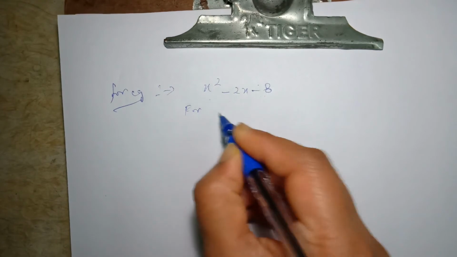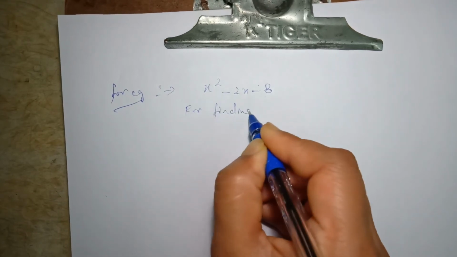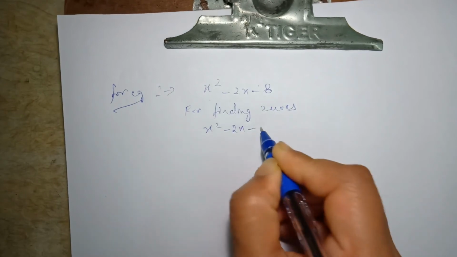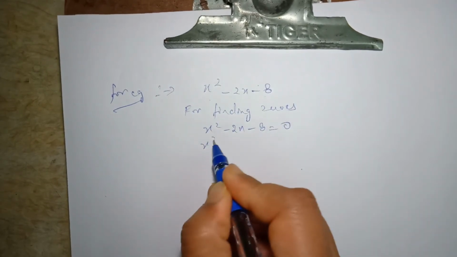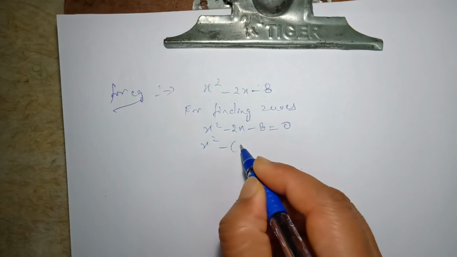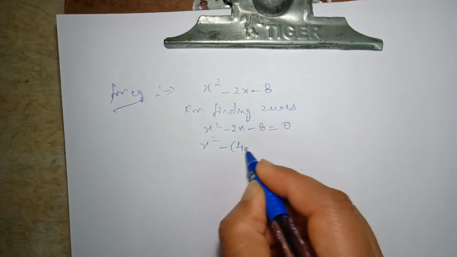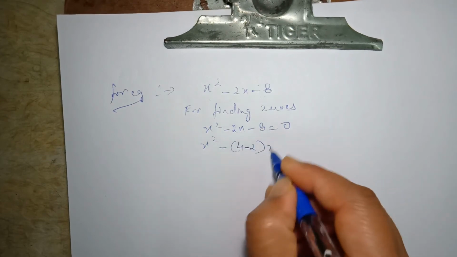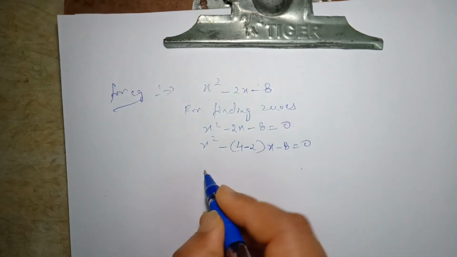For finding zeros, we take it equal to 0. We can write it as: 4 into 2 is 8, and 4 minus 2 will give 2. x square minus 2x minus 8 equal to 0.